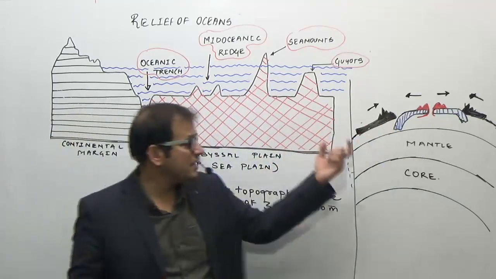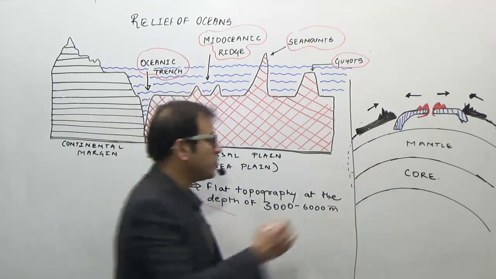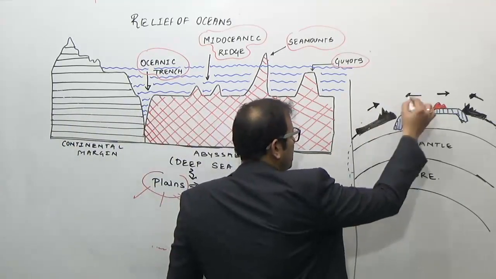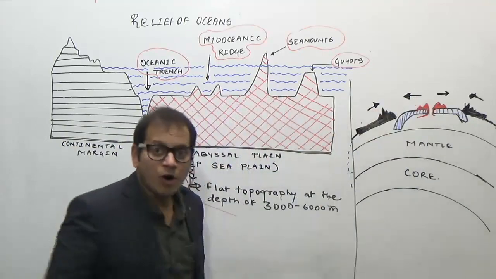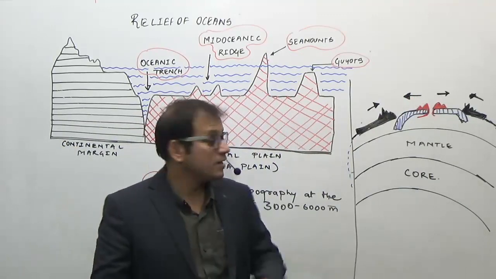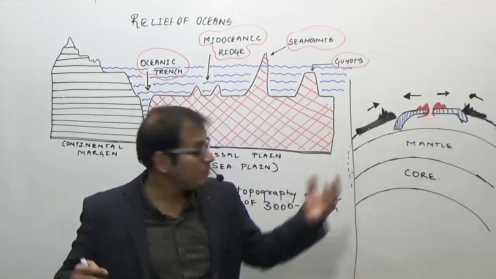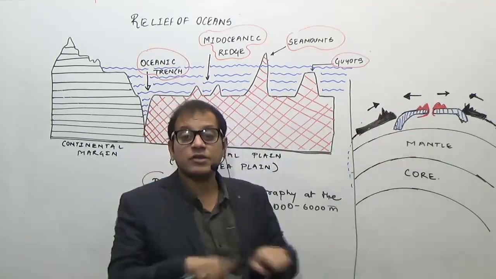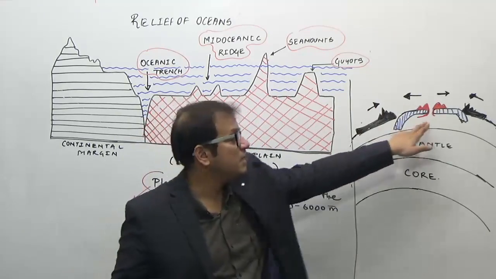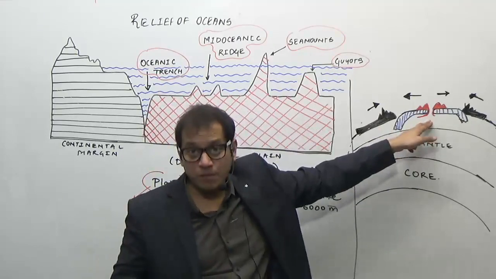Now you can see there are two kinds of movements I have shown. By the direction of arrows, these two plates are coming near each other. When the two plates come near each other, obviously at some other point, two plates will be going away from each other. So at one point, if a plate is coming near another on the spherical earth, at the same time, at the other end, that plate will be moving away from some other plate.